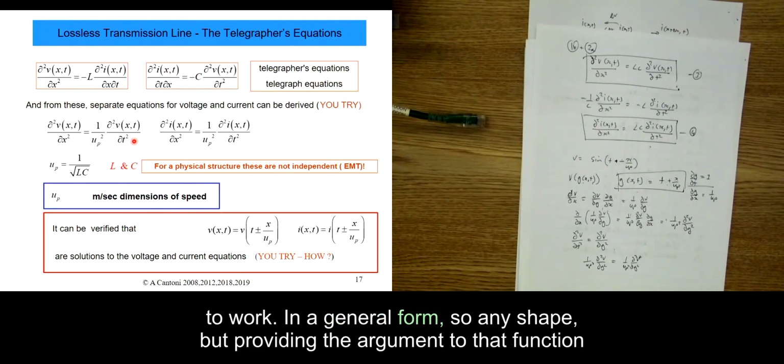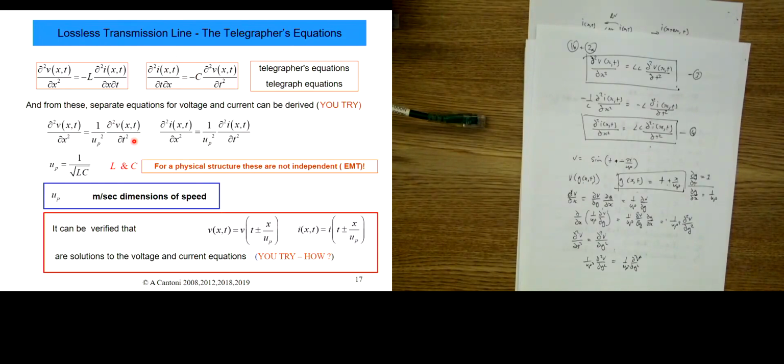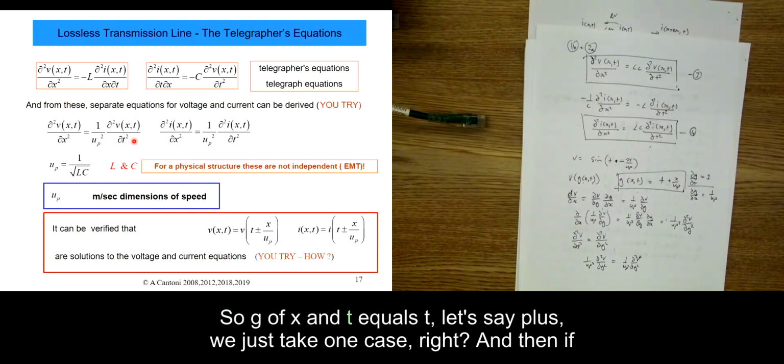Okay, in a general form, so any shape, but providing the argument to that function is of the form t minus x on UP, you have to look at v as a function g of x and t. Where g of x and t equals t, let's say plus x on UP, and let's just take one case, right?